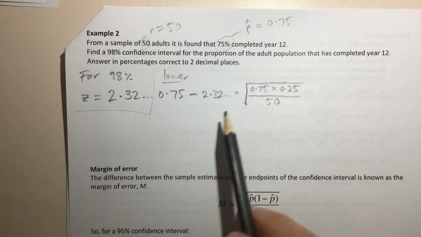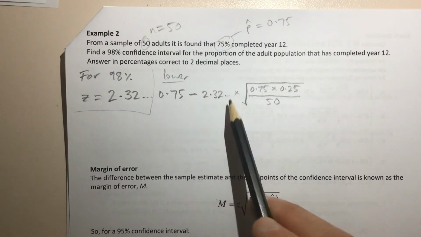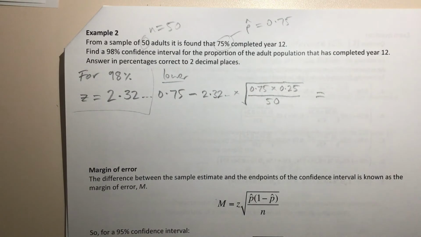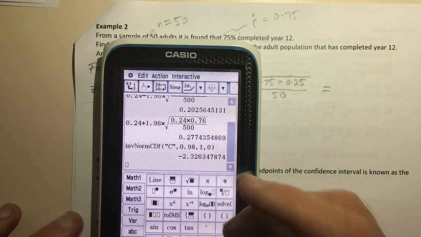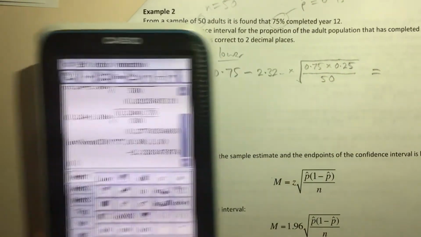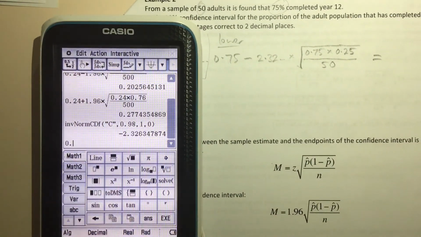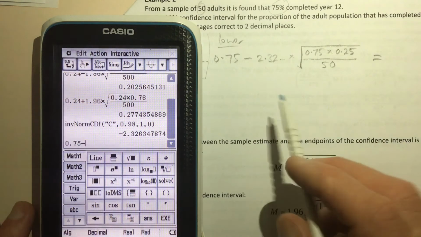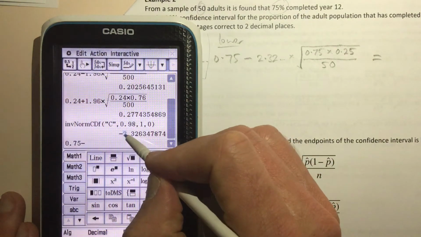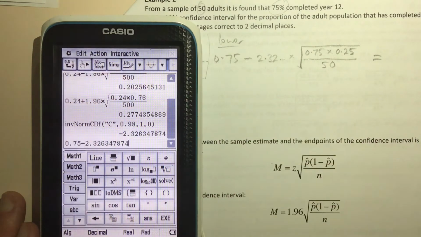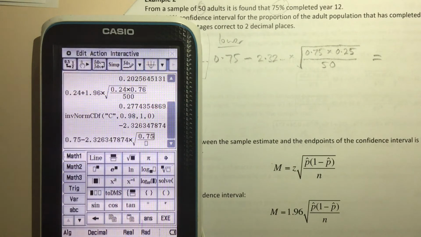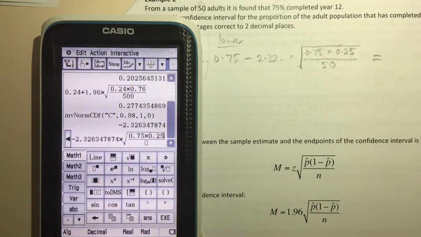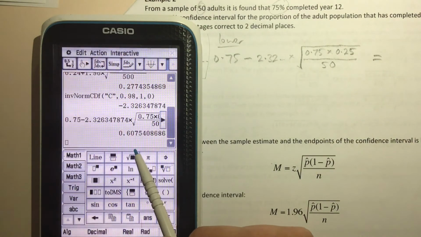And that is going to give me the lower end of the interval, right? So working that out gives me the lower end of my 98% confidence interval. So let's plug that in carefully. It's going to be 0.75 minus, now instead of just writing 2.32, I'm going to actually use the whole number there, times the square root of 0.75 times 0.25 over 50, and that gives me 0.6075.